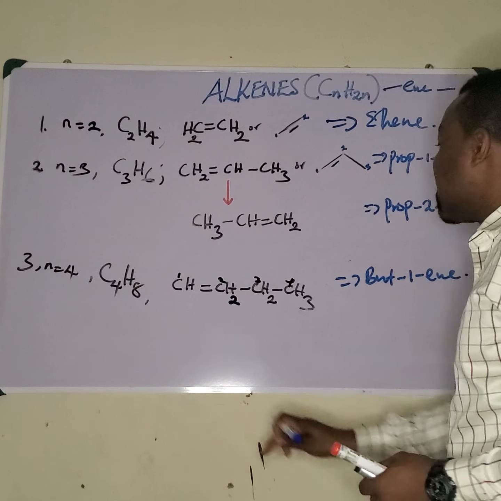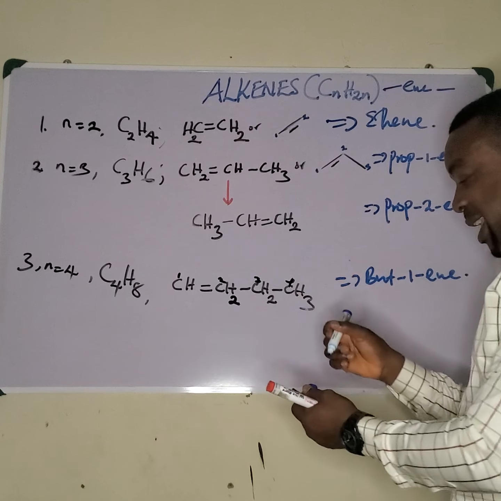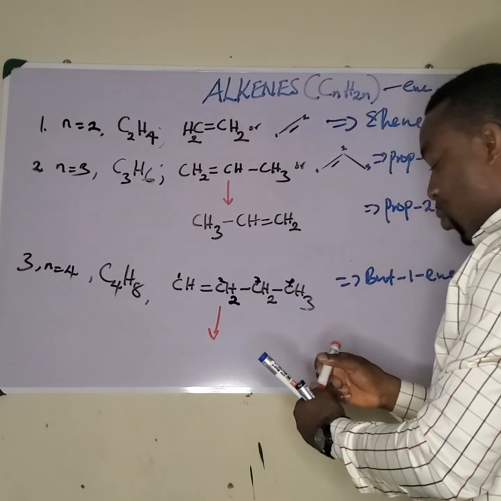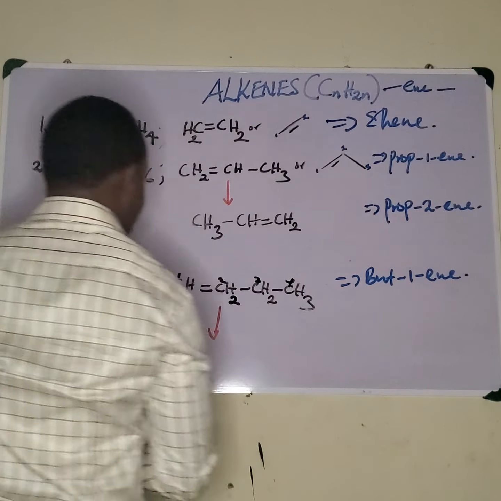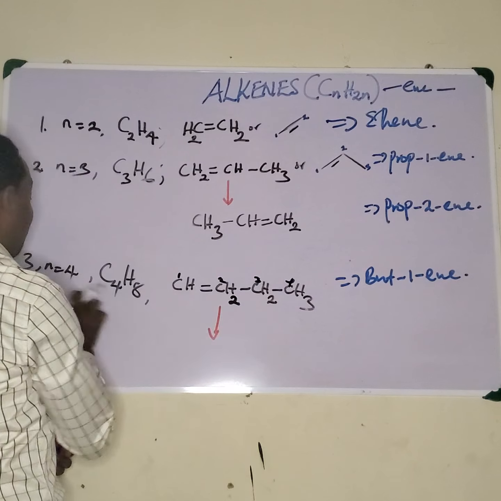So I can still write another isomer of this but-1-ene. I can still get an isomer of this but-1-ene to get but-2-ene. So I can still present it this way. But-2-ene.